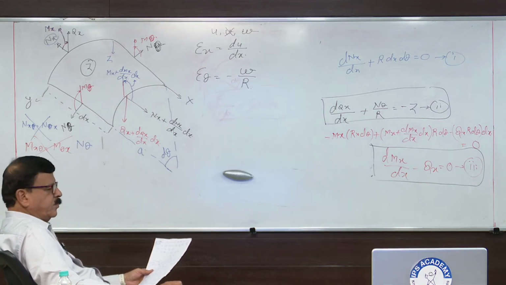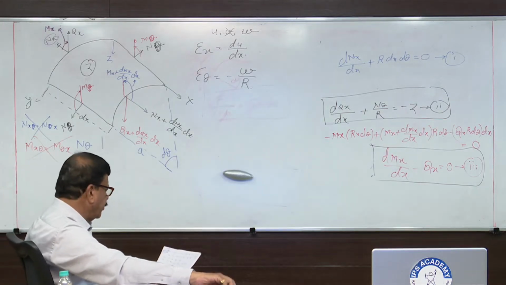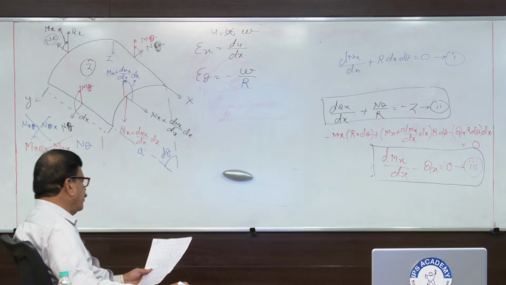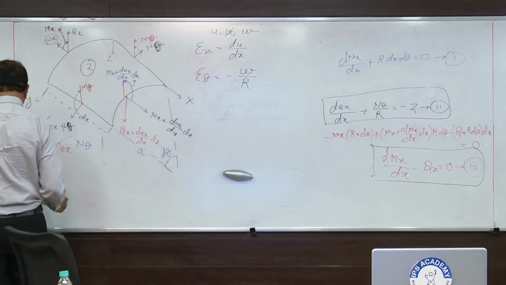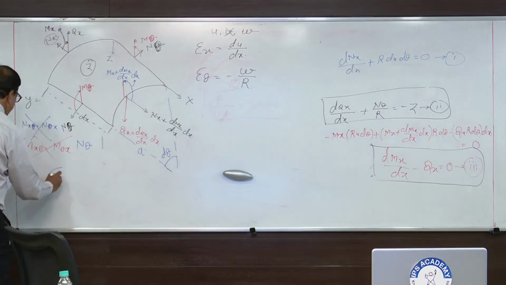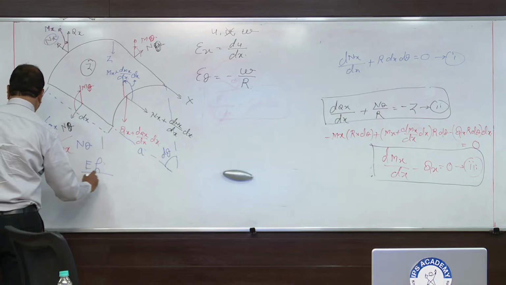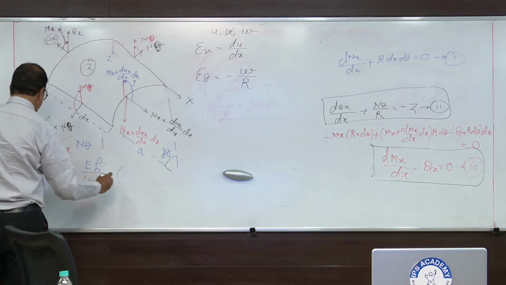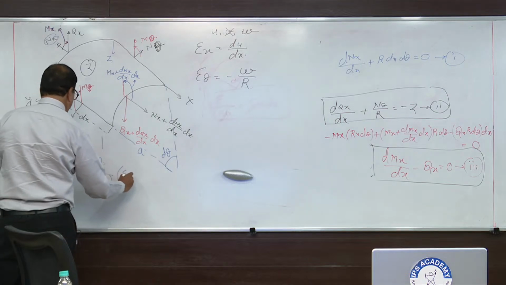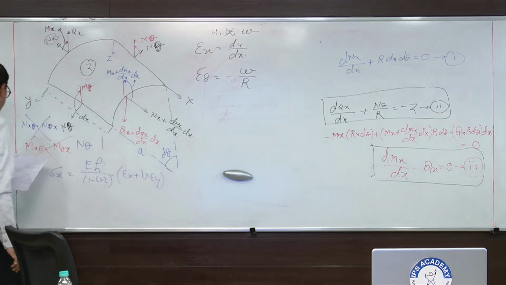Equation number 2, sigma x equals Ex upon 1 minus mu square, equal to d square w upon dx square, times h cube. Actual.